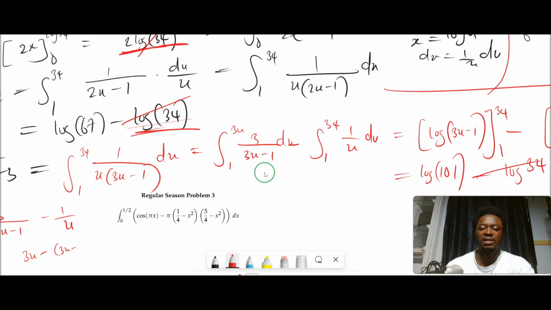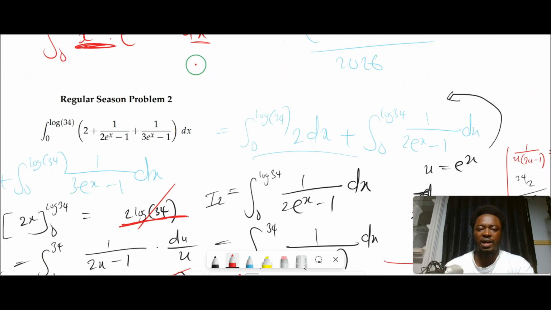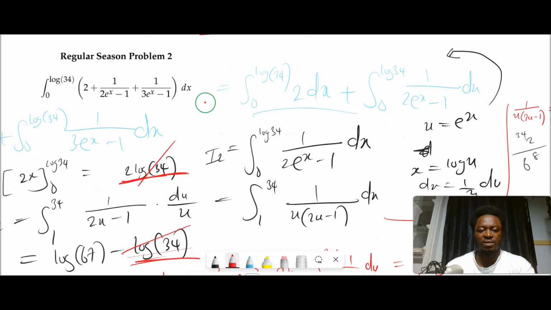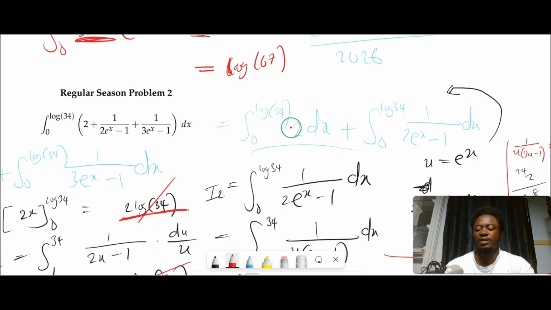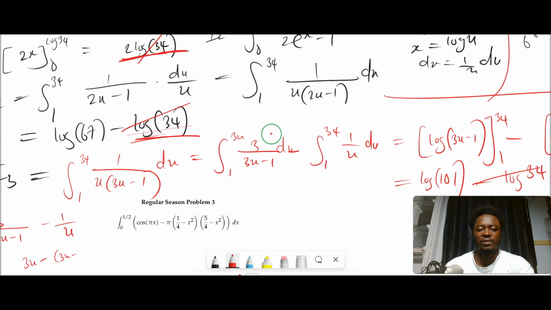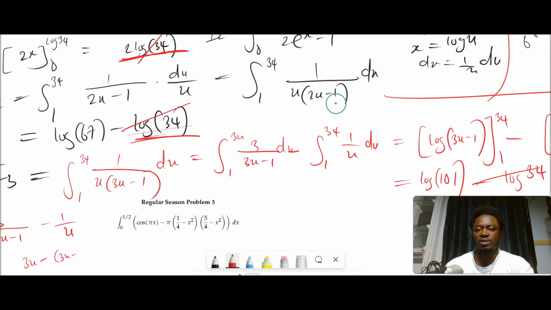So literally this integral I here would equal, what's first? Log 67. So you have log of 67, and then what again? Log of 101 plus log of 101.